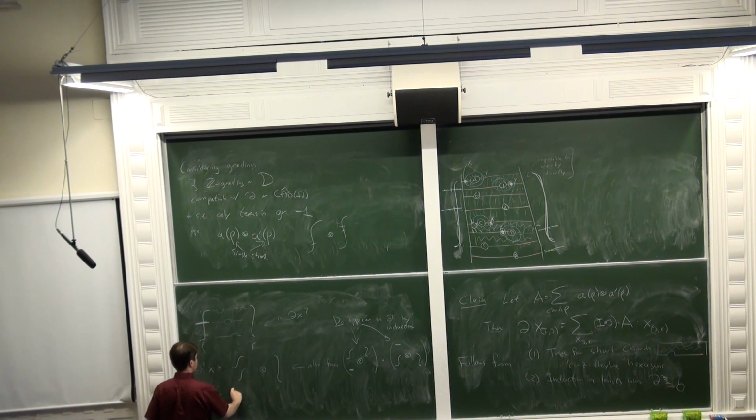So d squared equals 0 implies that this pair appears in d. Okay, so that argument is written a little more formally in the notes, and more formally still in a paper. But that's the gist of the argument.